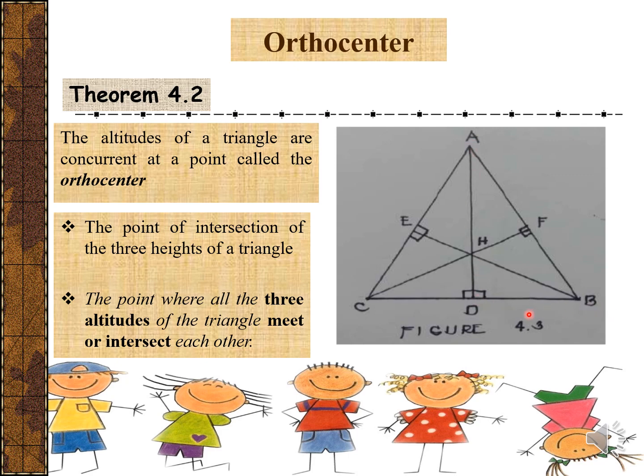Like this one, the altitude from angle C is the line CF, the altitude from angle B is the line BE, and the altitude from angle A is the line AD.